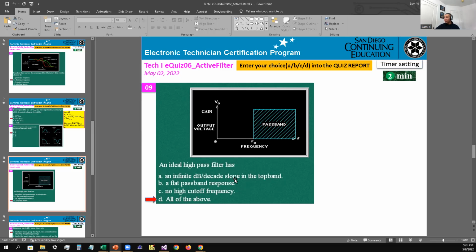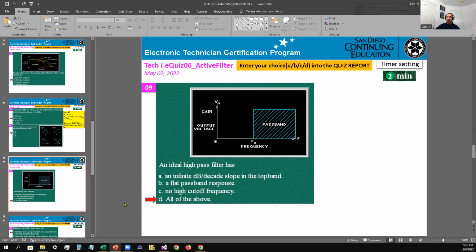So infinite dB per decade slope in the stop band, a flat pass band response, so you've got pass band right here, straight and flat, and no high cutoff frequency. We don't know what the cutoff is. It looks like a continuum, like the arrows keep on pointing that way, so it just keeps on going. So the answer is D as in David for number 9.